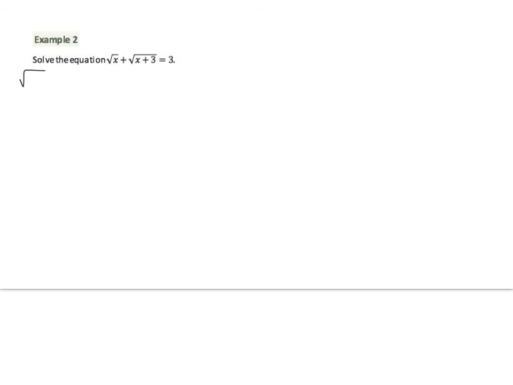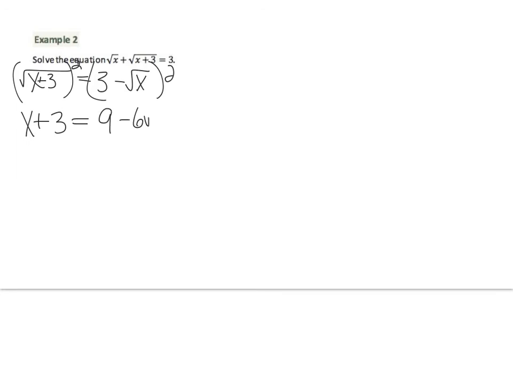Like I said, we're going to do the square root of x plus 3 on one side and 3 minus the square root of x on the other. And I'm going ahead and square them. I will have a radical still, but you'll see what will happen. FOIL this, I get 9 minus 6 square roots of x plus x.